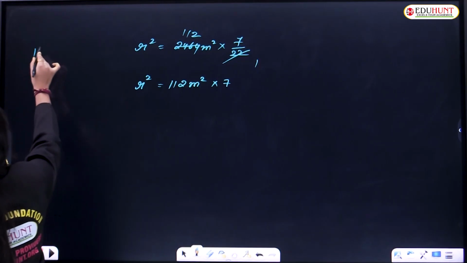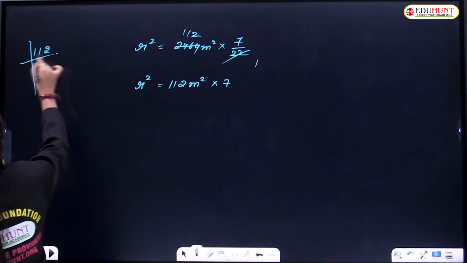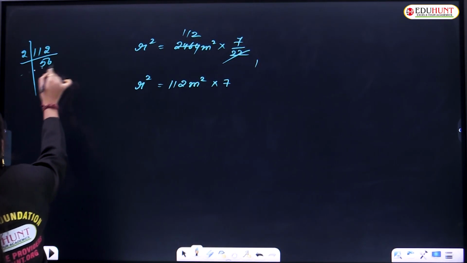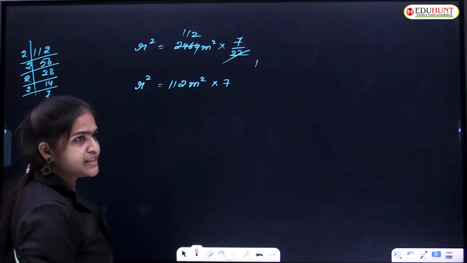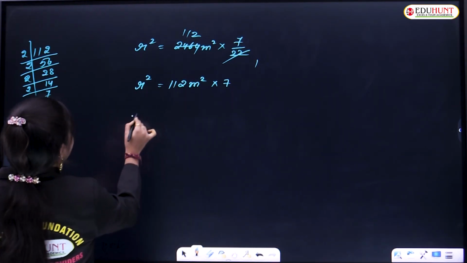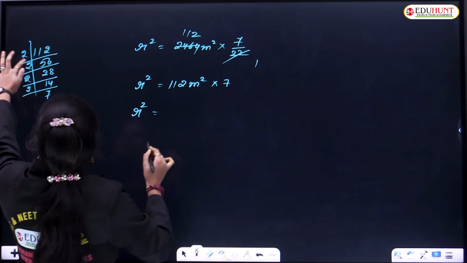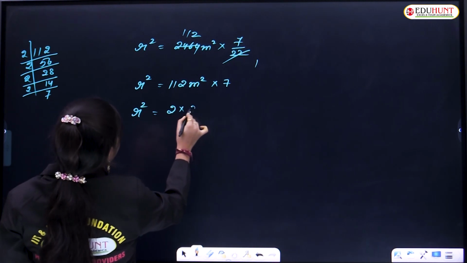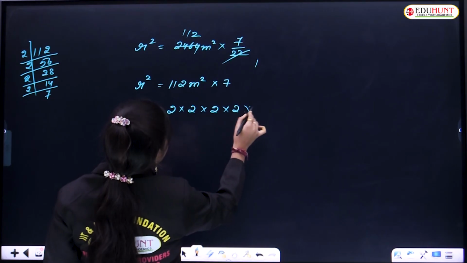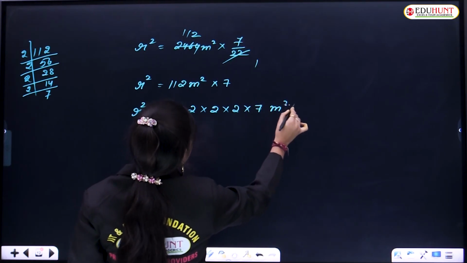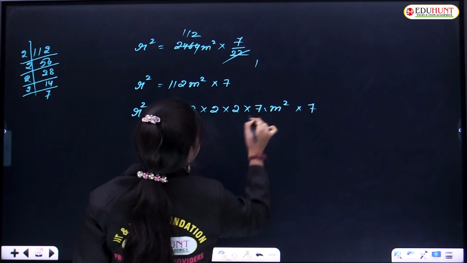Now 112 prime factorization is 2 56, 2 28, 2 14, 2 7. This is the prime factorization. Now here r square is equal to 2 into 2 into 2 into 2, that is 4 times 2 is there, into 7 meter square into 7.